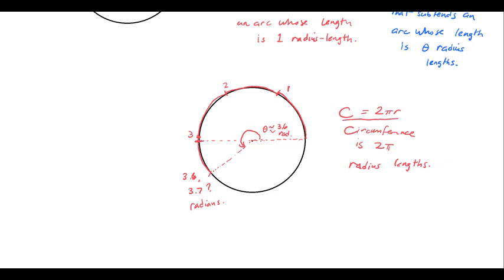So if I go halfway around the circle, I should have done half of that. Halfway around the circle is equal to pi radius lengths. And that, by the way, is why it is the case that 180 degrees, that is half of the circle, is equal to pi radians.